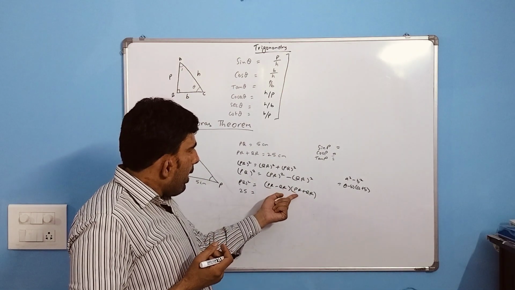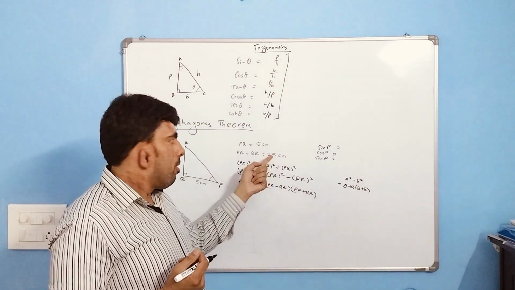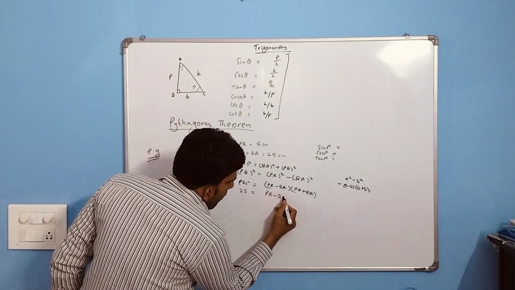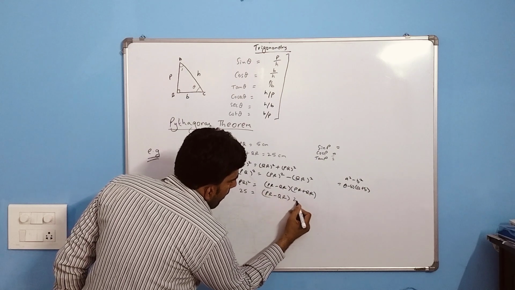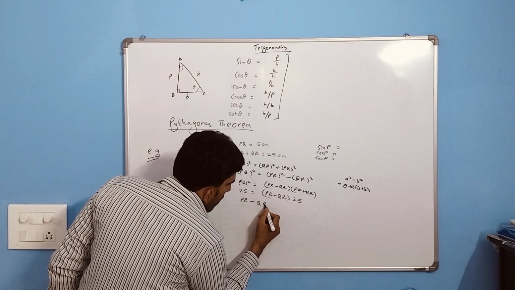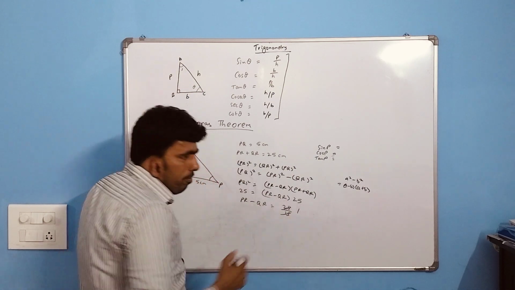PR plus QR is already given as 25, so PR minus QR into 25. Now PR minus QR gives the value 1.